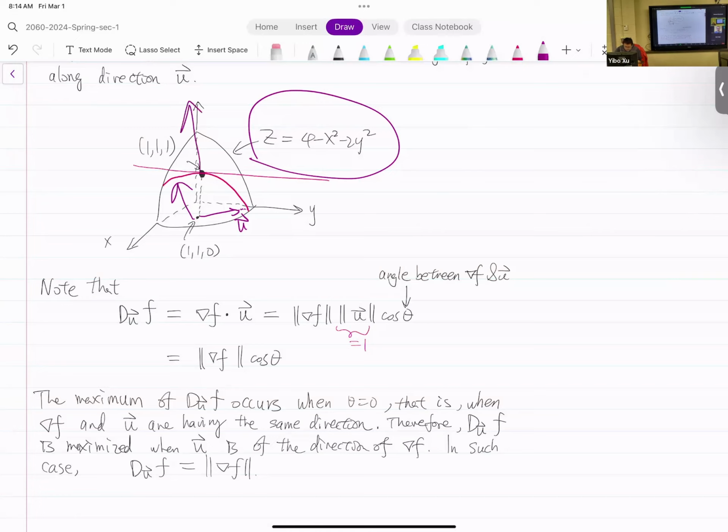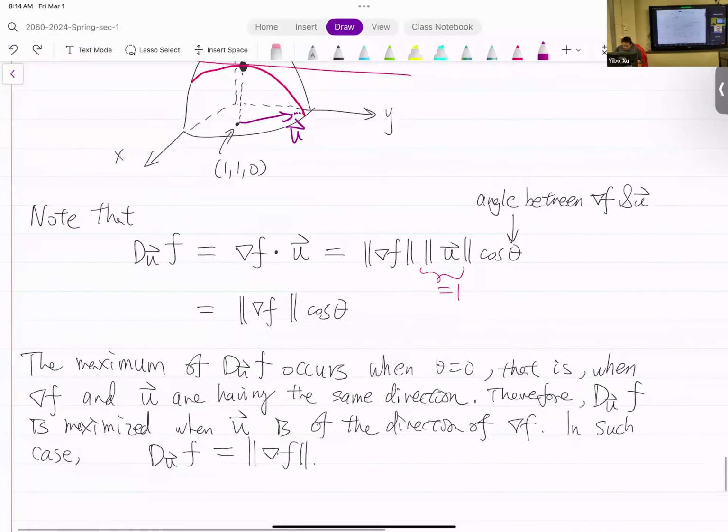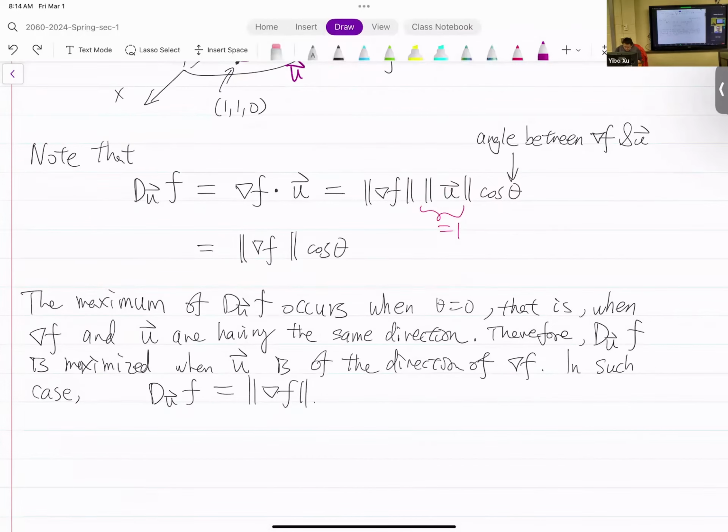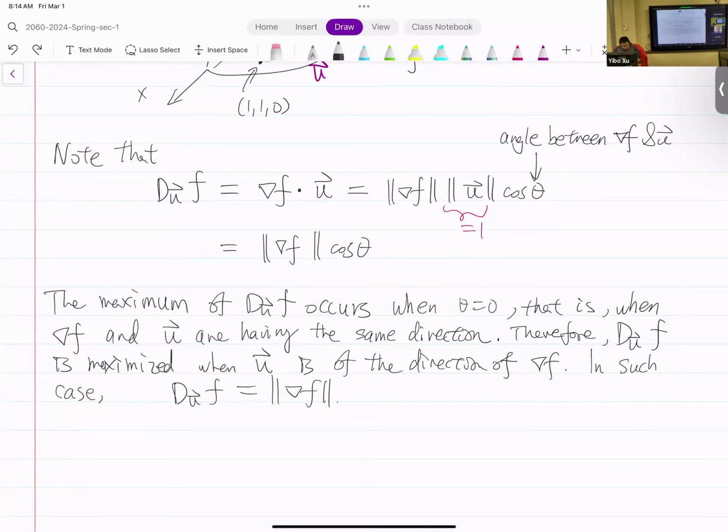Like that. It's going up. So that's exactly what it means to have the maximum directional derivative. And of course, if you go the opposite direction, it's going to be the most negative directional derivative. Going up the hill, going down the hill, with the largest instantaneous change.